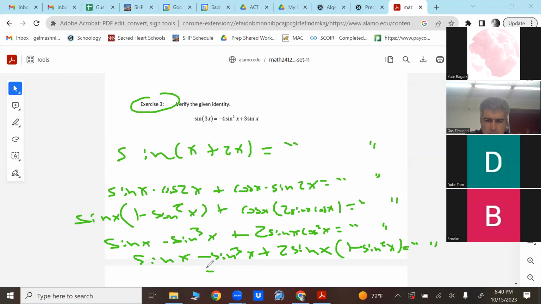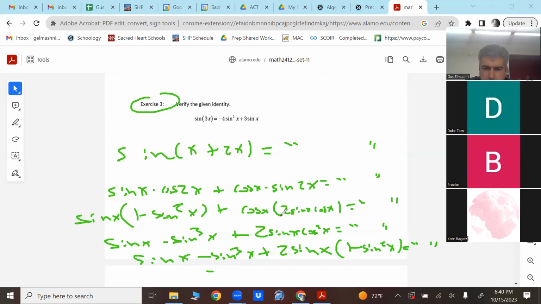Let's see here. I don't get -4 sine cubed x though. I think it's because the double angle for sine is 2 sine x cos x.